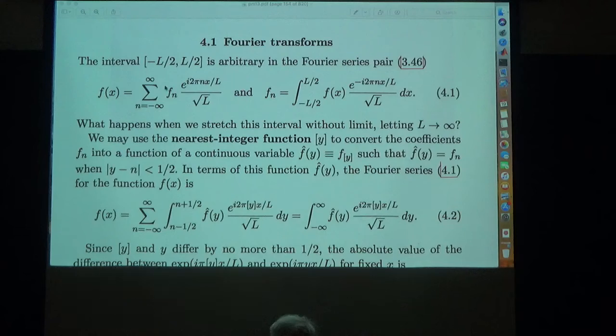And the trick is just to look at these Fourier series and inverse Fourier series expressions and let L go to infinity, and basically it's a change of variables, or the way I did it in my book, it's a sequence of changes of variables.